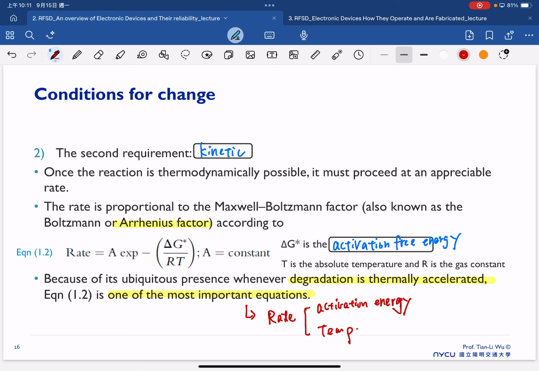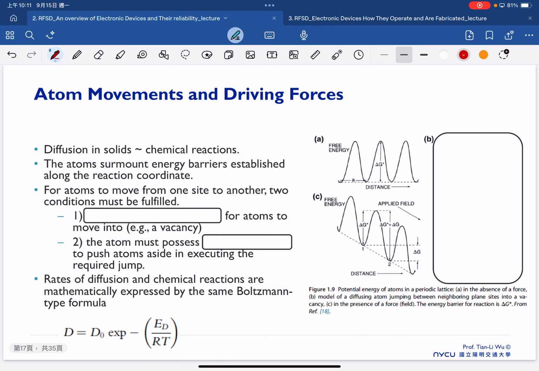Now, this equation we are borrowing from chemical reactions. So we need to go back to understand the fundamentals of chemical reactions, where we talk here about diffusion in solids.